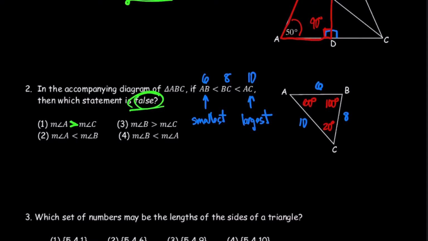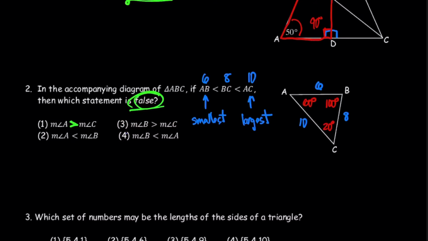Two, is A less than, see they're switching it up, is A less than B? Yeah, that's true, which means I don't want it. Is B greater than C? Yeah, that's true, so I don't want that.